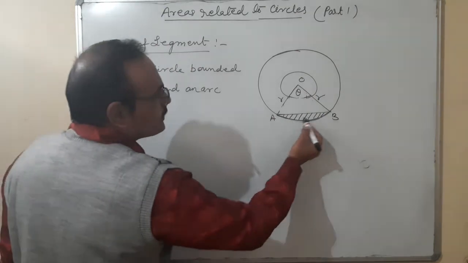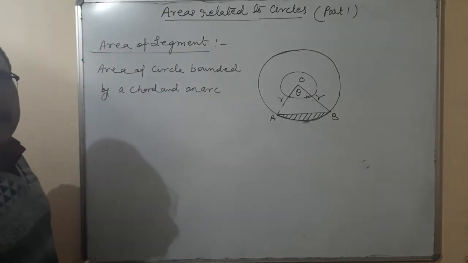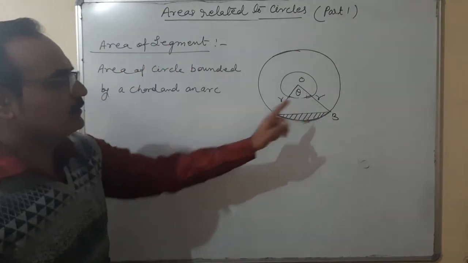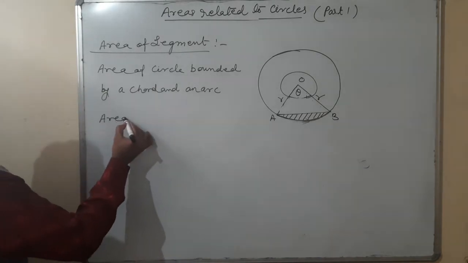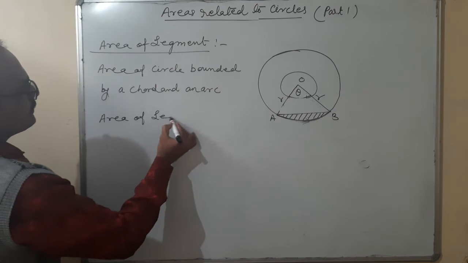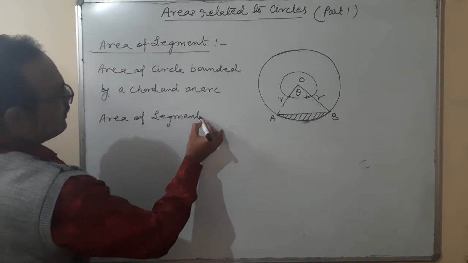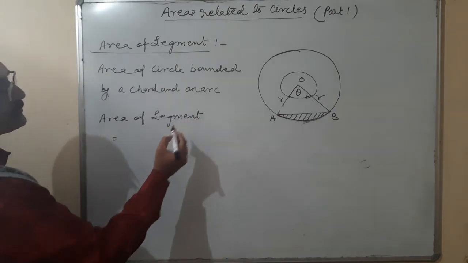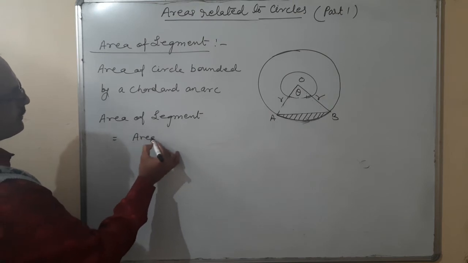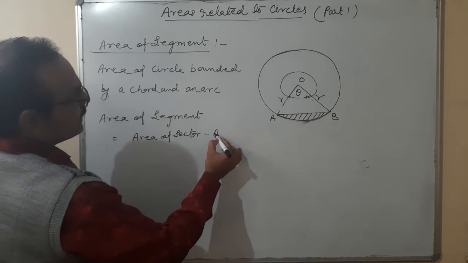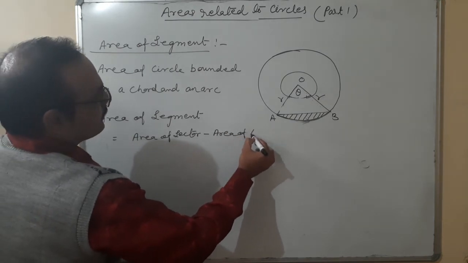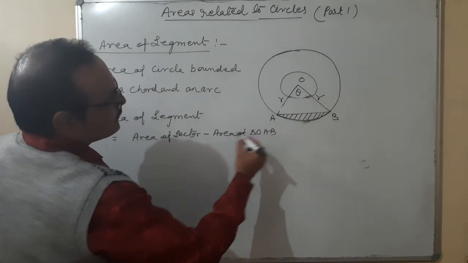How to find the area of this minor segment? Okay. So area of segment is equal to area of sector minus area of triangle OAB.